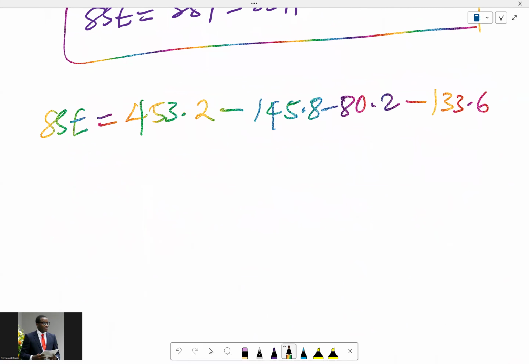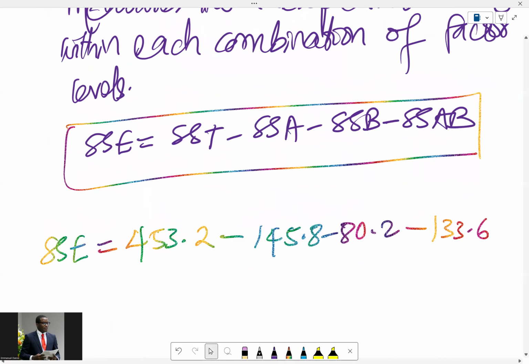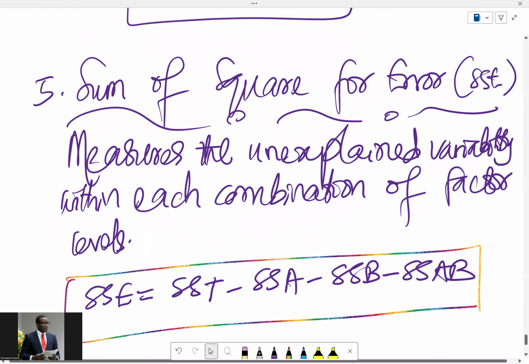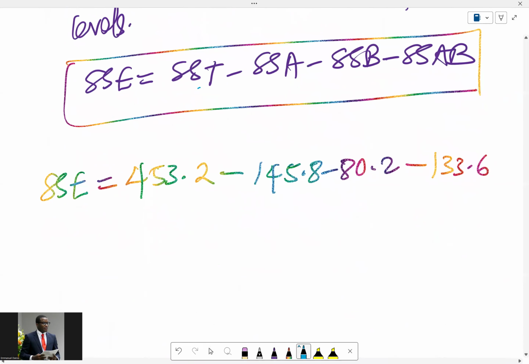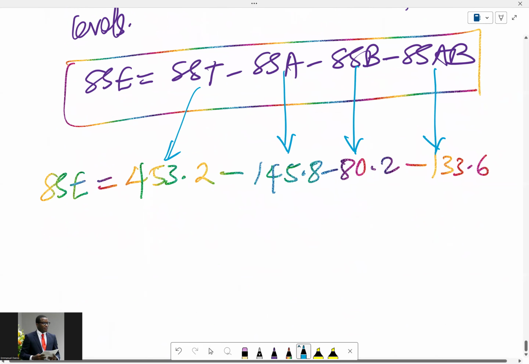So that's sum of squares for error. Again, don't forget SST is this, SSA is this, SSB is this, and SSAB is that.